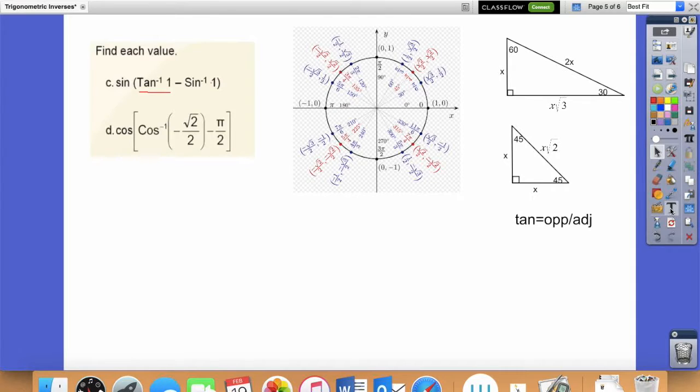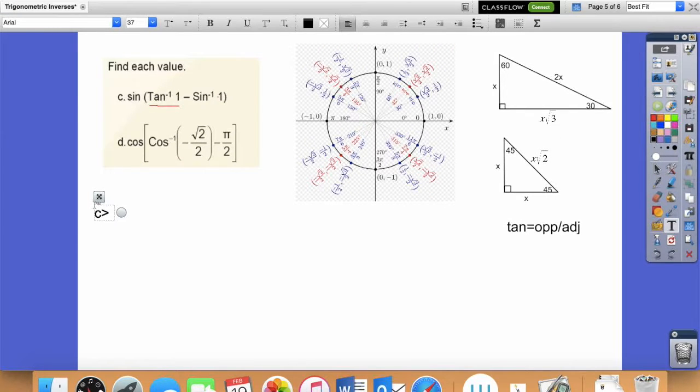First thing it wants, for C, inside that parentheses, is the arctan of 1. So the inverse tangent of 1, if I look at my triangle, the only way that I'm going to get a tangent of 1 by doing opposite over adjacent is a 45-degree angle, because up here on 30, 60, 90, these are never the same.